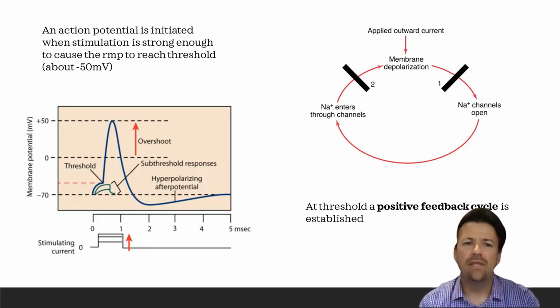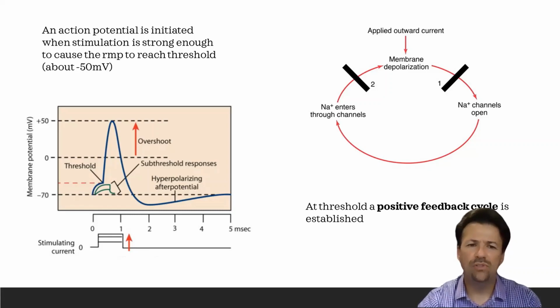You remember that we spoke about the different types of ion channels that exist. And one population of ion channels are voltage-gated channels. These open in response to a change in membrane potential. So when you apply a current that depolarizes the membrane, it causes the voltage-gated sodium channel to open.